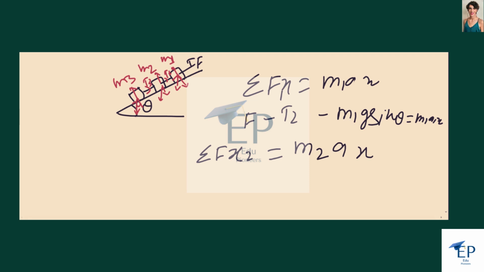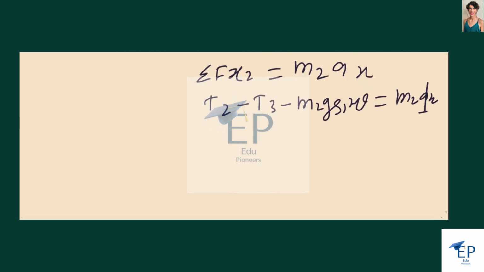So net force for the second block would be T2 minus T3 minus M2 g sin theta, which is equal to M2 AX. And for the third one, again the expression comes out to be T3 minus M3 g sin theta equals M3 AX.